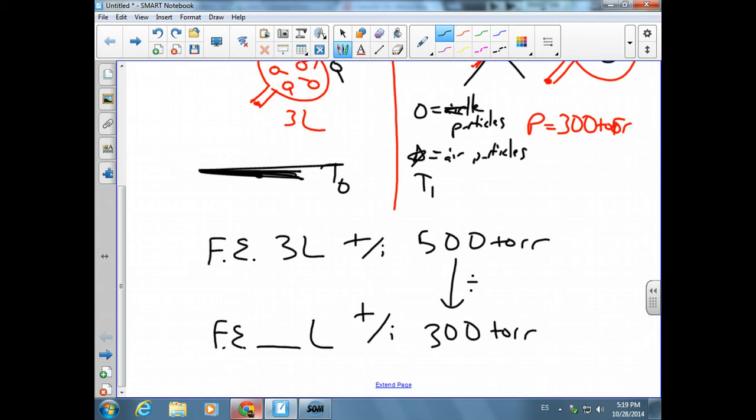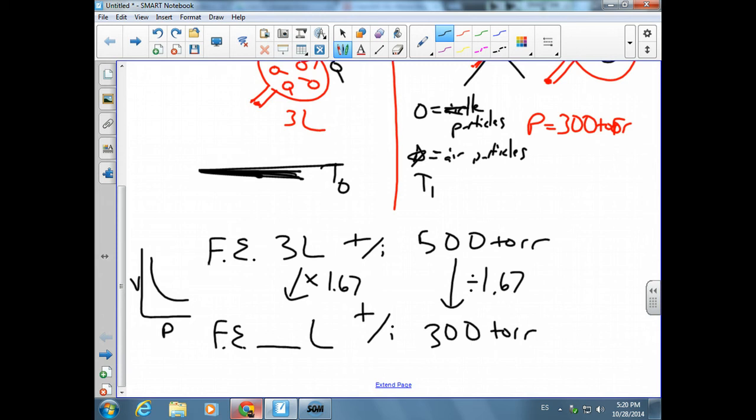So I divide by a number. To go from 500 to 300 is going to be divided by 1.67. And because this is an inverse relationship, that means that I do the opposite and I multiply by 1.67 here.